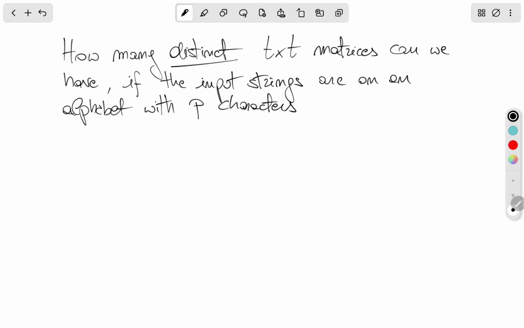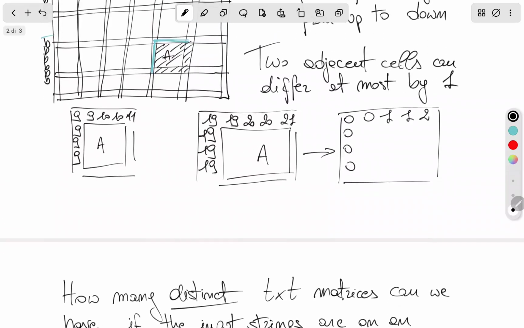So we are focusing on what is called the fixed size alphabet, and this alphabet has P characters. How many T by T matrices can I have? You have two strings, so P to the T.